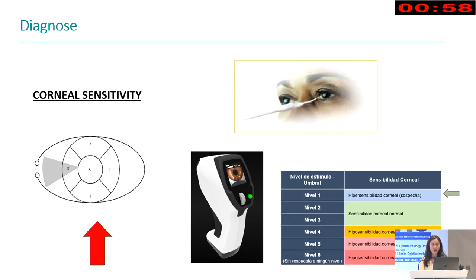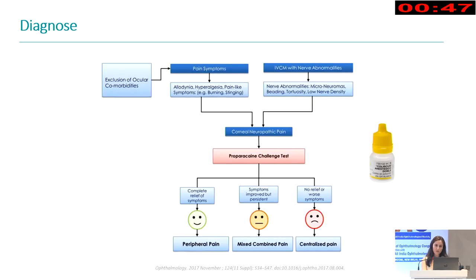And here, what we will have as the corneal sensitivity is a hypersensitivity to a low threshold. The main test will be the proparacaine challenge test, which will give us information about where we have the lesion, if it's in the first order or the second order.